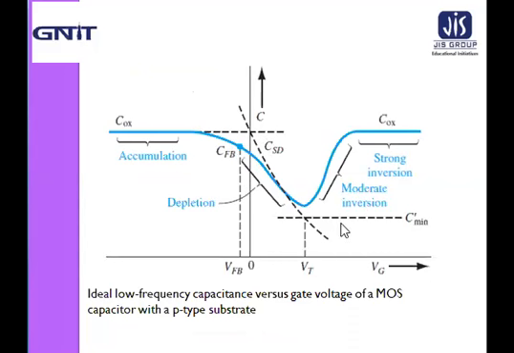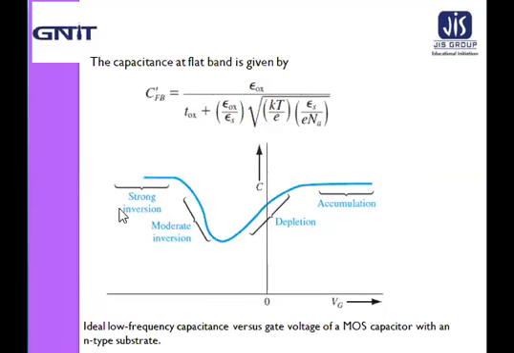Now in this figure, that is the same type of ideal capacitance-voltage characteristics, that is C and VG, capacitor and gate voltage characteristics, which is obtained for a MOS capacitor with an N type of substrate by changing the sign of the voltage axis.